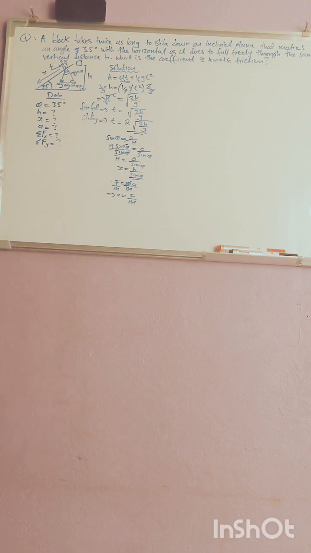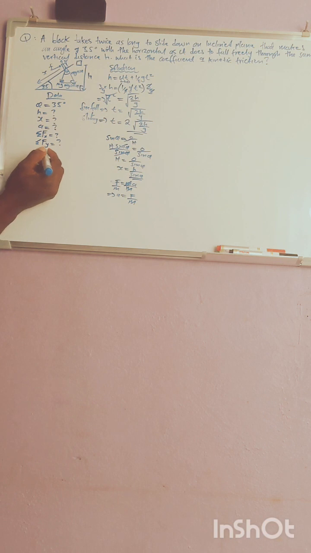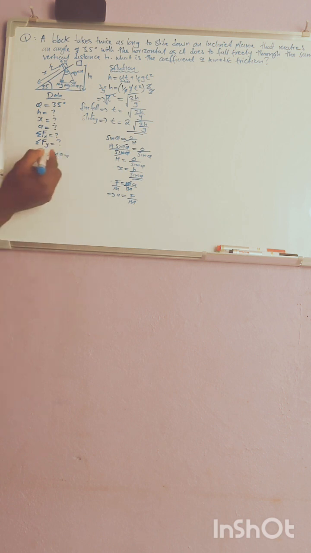So how do we find this force? We have this force here, the mg sine theta, which is the component of the weight pushing the box downward, making it slide down, and we have an opposing force, which is the friction. So the summation of forces in the x-axis will be equal to ma_x.